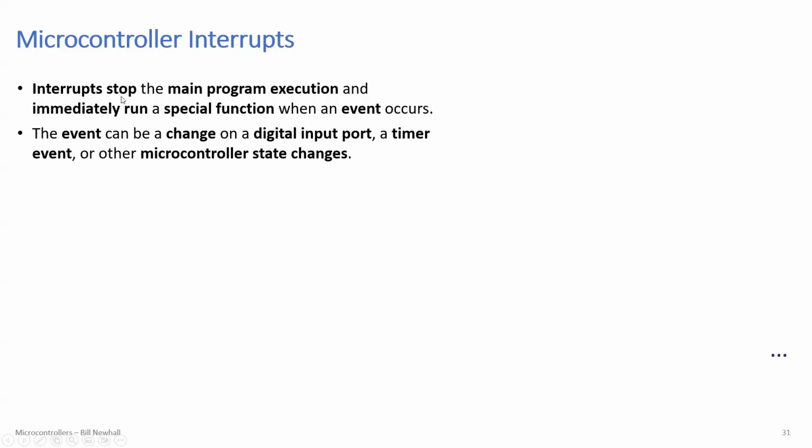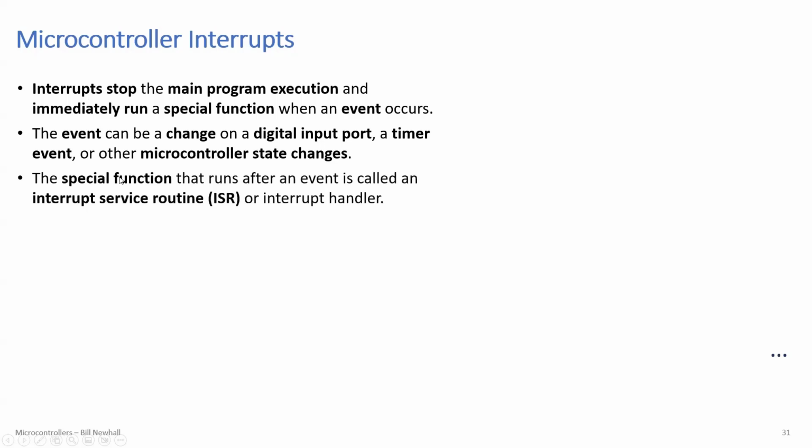And when an interrupt is fired or triggered, there's a special function that runs. After that event happens, this function, called an interrupt service routine, sometimes called an interrupt handler, is called. It's the code that you write that executes when this event occurs.